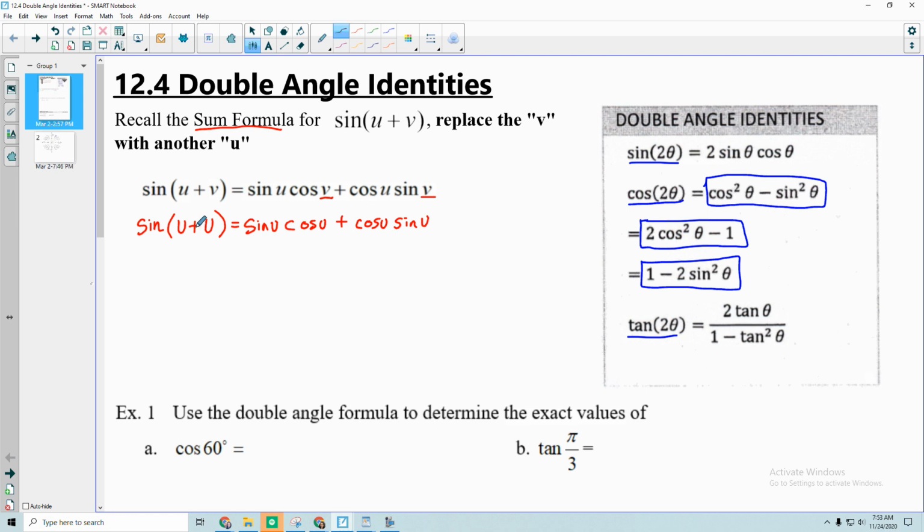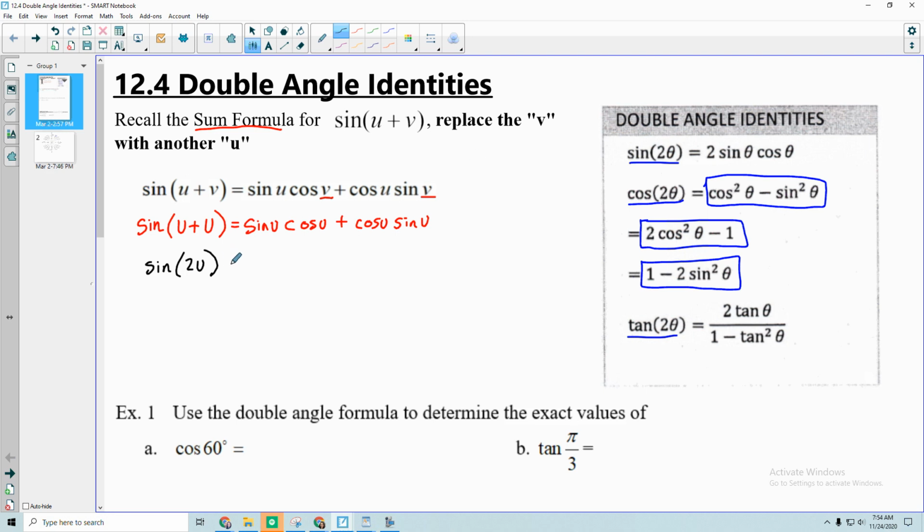Now, since I'm using the exact same angle, I could rewrite this U plus U as the sine of 2U, or a double angle, and that's what I see here for this double angle identity.